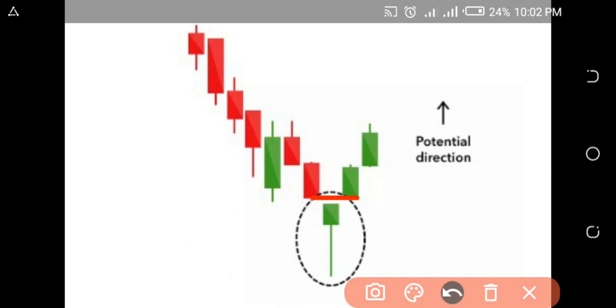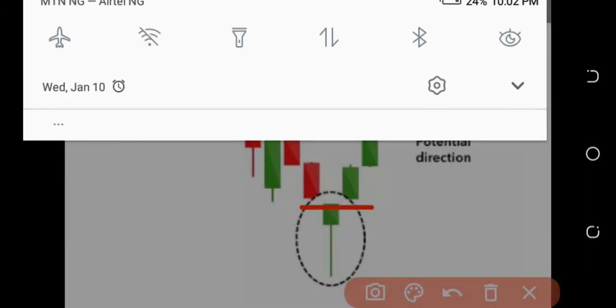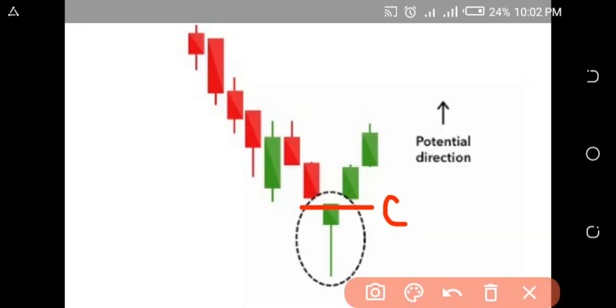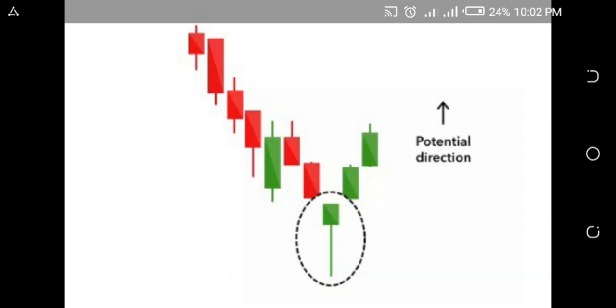This shows strong pressure from the buyers, which signifies that the price wants to reverse, so we can look for an opportunity to enter here and take price to the upside. This is a hammer, and it shows strong buying pressure from buyers.